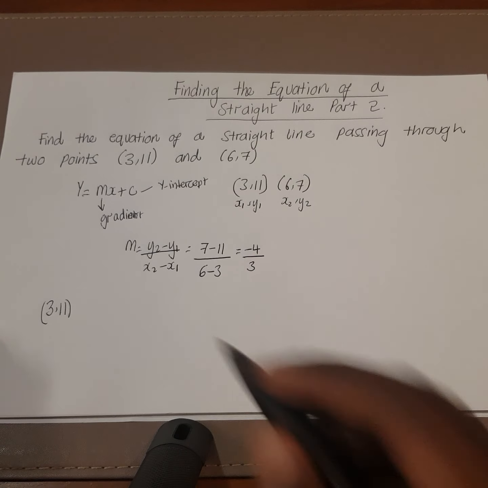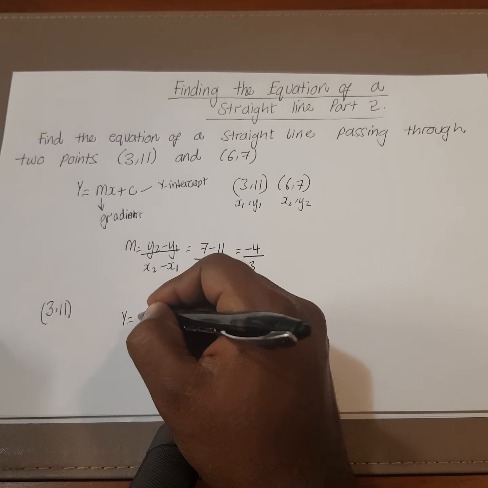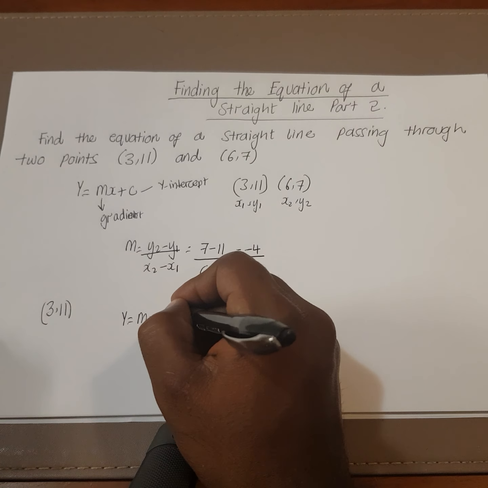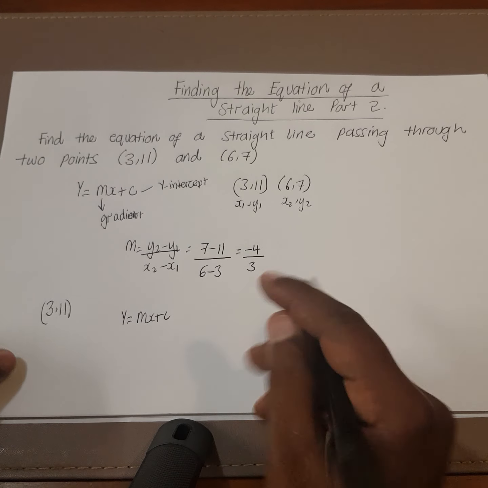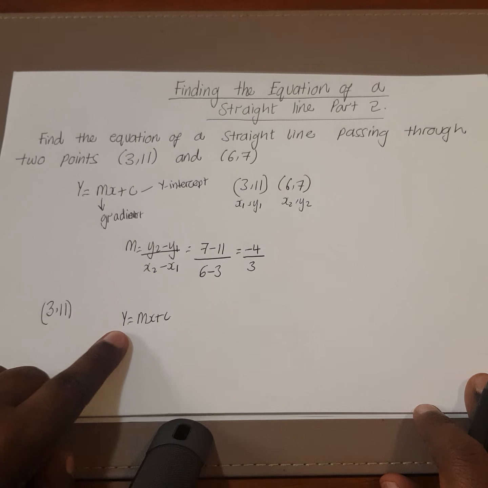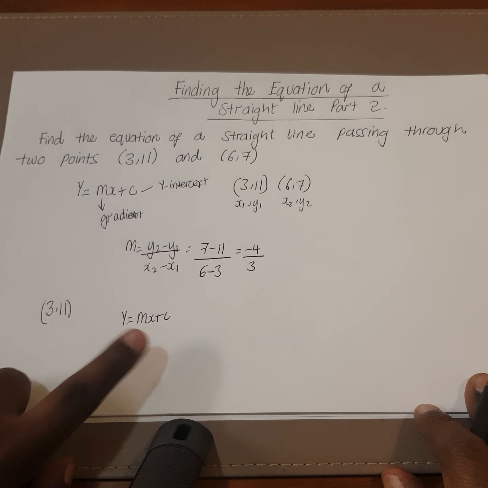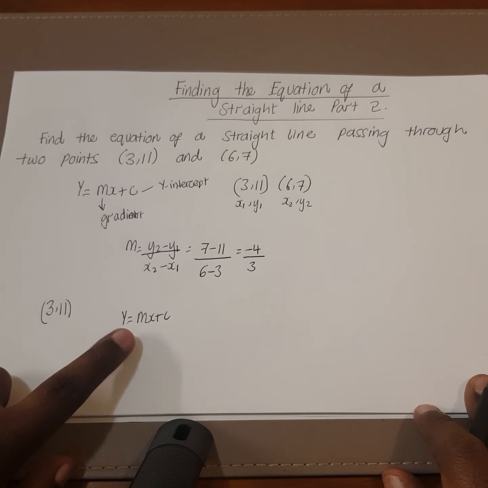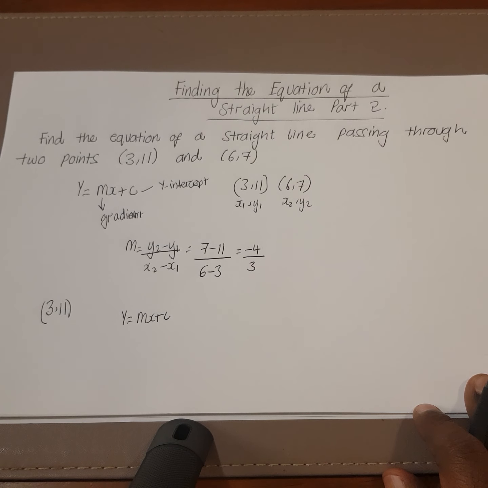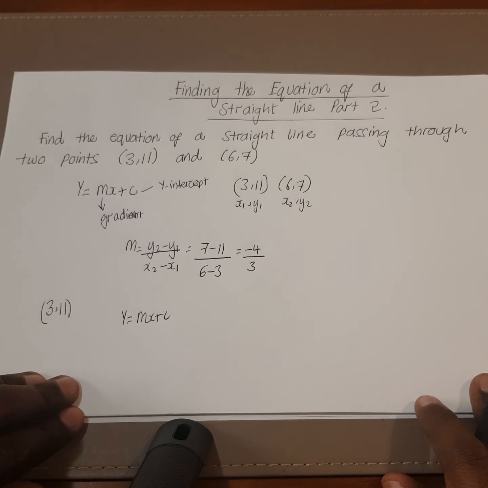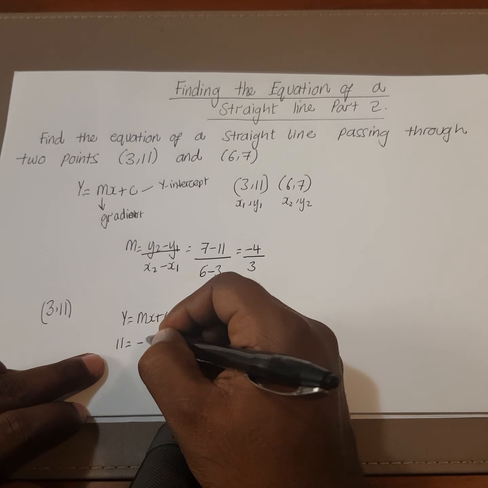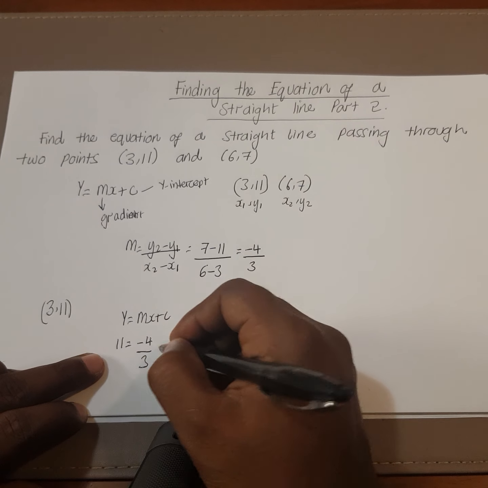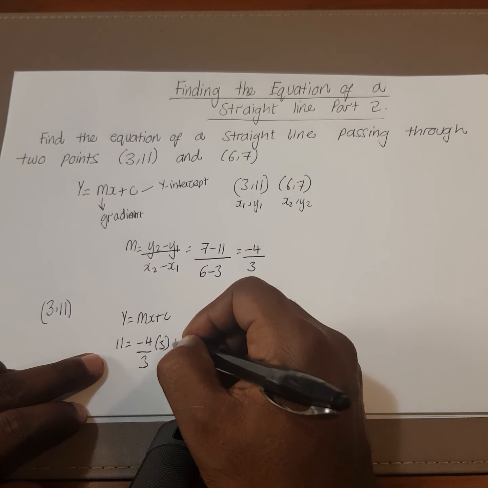So we have y equals mx plus c, and my m is negative 4 over 3. In place of y, I'm going to put 11. In place of x, I'm going to put 3. And in place of m, I'm going to put negative 4 over 3, and we're going to get the value of c. This now becomes an equation: 11 equals negative 4 over 3 times 3 plus c.